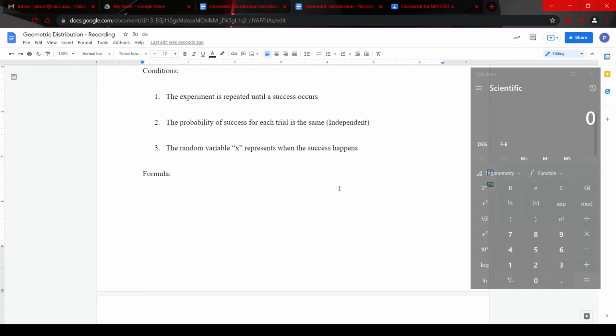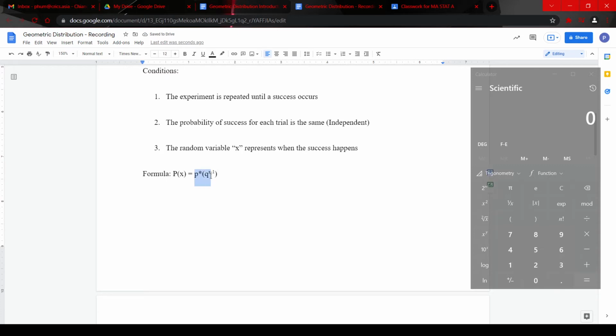The formula to calculate the probability for the first success to happen on x number of trials is P of x equals P times Q to the power of x minus 1.